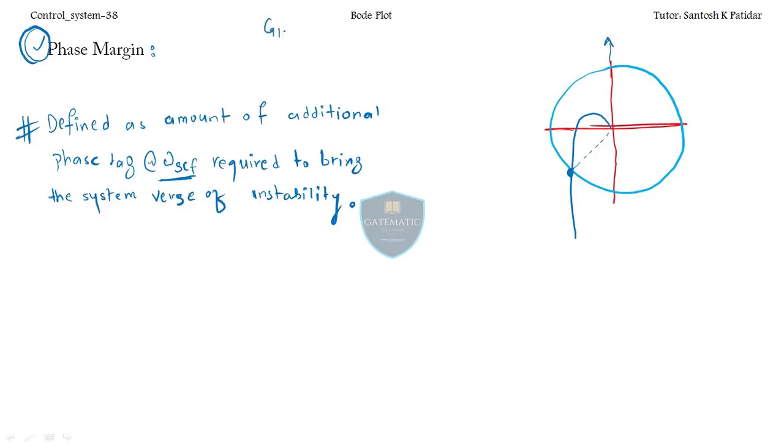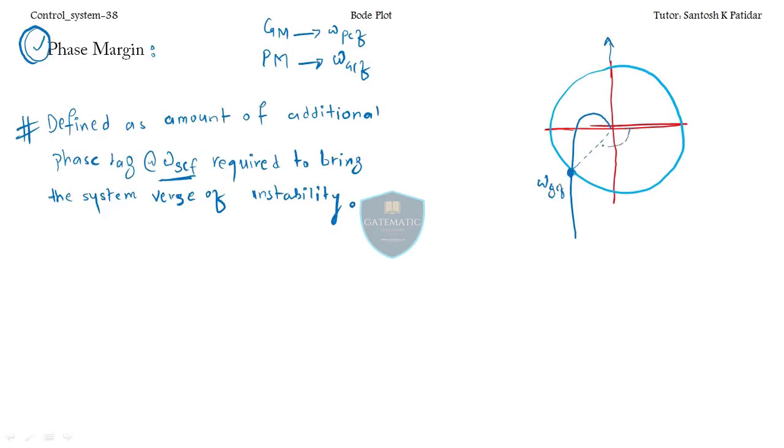The relation of gain margin is with omega PCF, and the relation of the PM will be with omega GCF, definitely. How? See, omega GCF is nothing but the frequency at which the gain of the system is 1, isn't it?